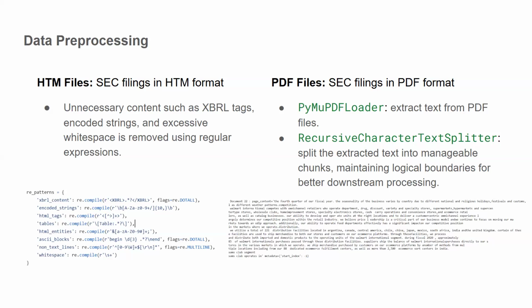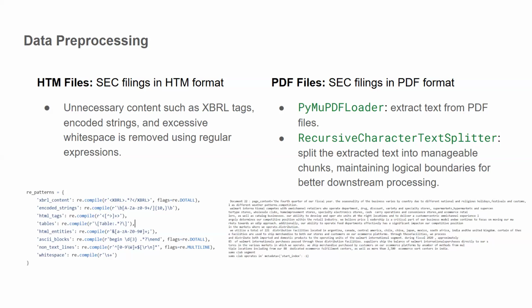But we found later on there are more PDF parsers available. So we switched to PDF-based pre-processing, and we found PDF data sources that have PDF files. And then the pre-processing for the PDFs relies on two packages from LangChain, the PyMuPDF loader and the recursive character text splitter.